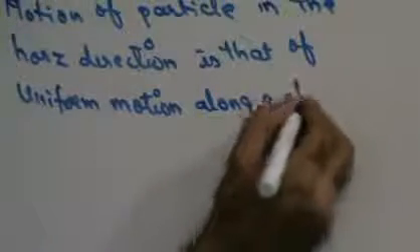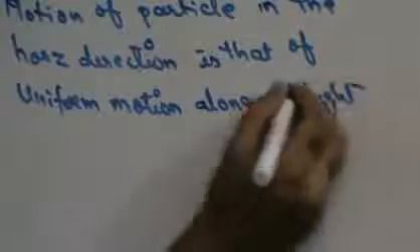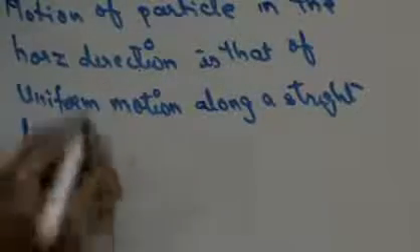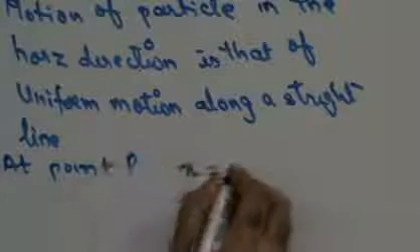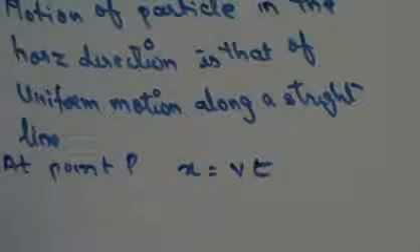In that case, the distance covered by it, distance is nothing but velocity into time. So at point P, the distance x is going to be velocity into time.